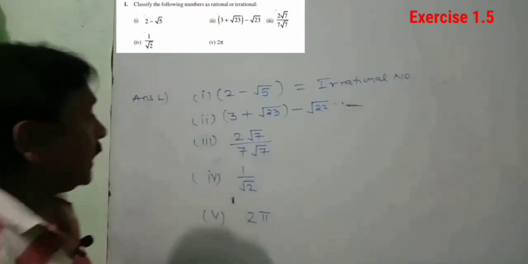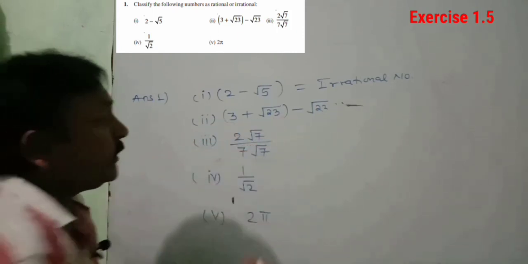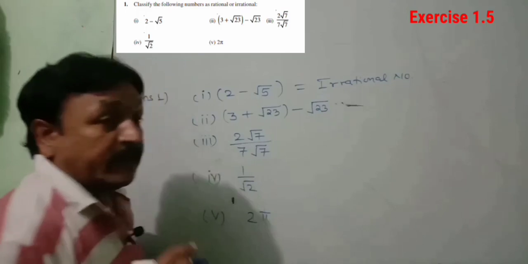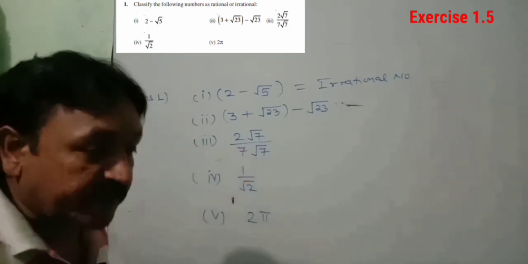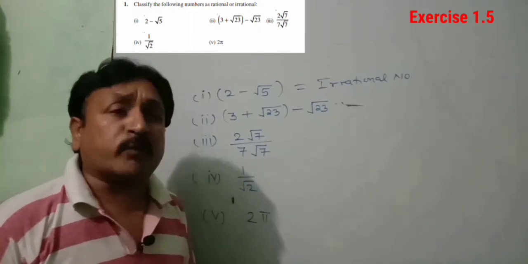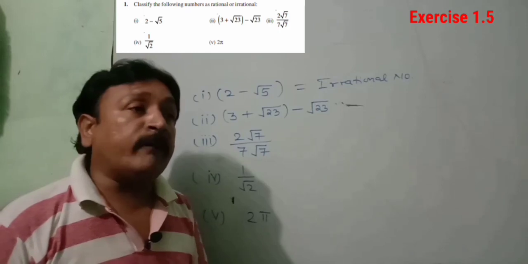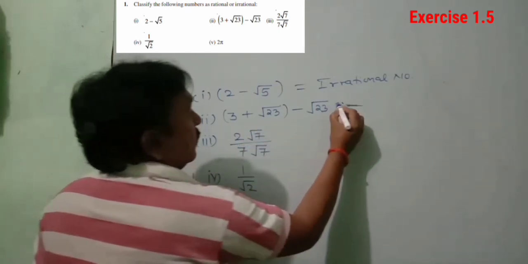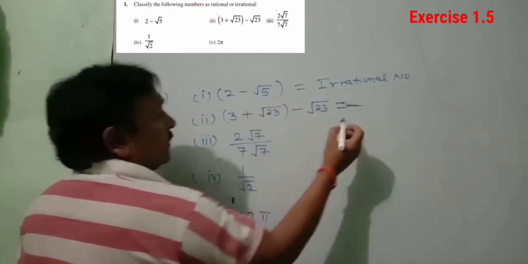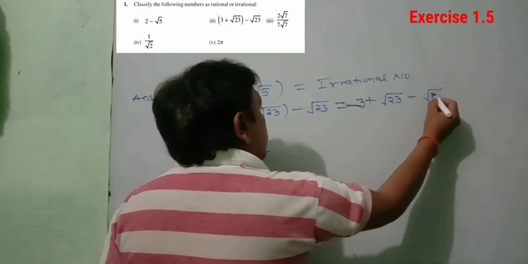Now come on part second: 3 plus root 23 minus root 23. This is a trick. Never give the answer just by seeing. If there is any possibility of solving, then first of all solve it, and after solving give your answer. So can we solve it? Yes, we can. How? First of all, remove this bracket: 3 plus root 23 minus root 23.